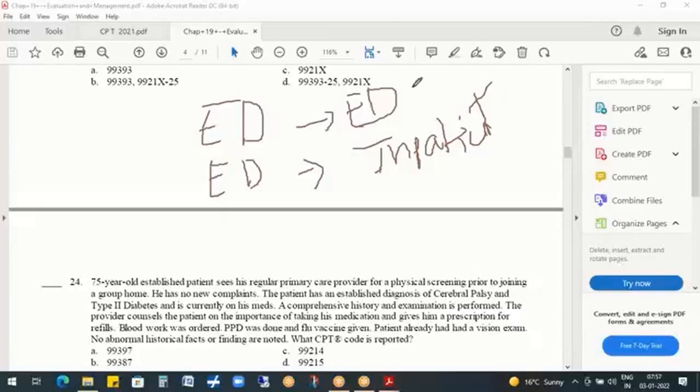Now, what is the treatment ended location here? Observation room. Observation care. But what here the people will do, they will confuse. Why? Because they are asking the question to code for ER physician. The people will code from ER. It's not like that. The ER physician placed the patient in observation status.